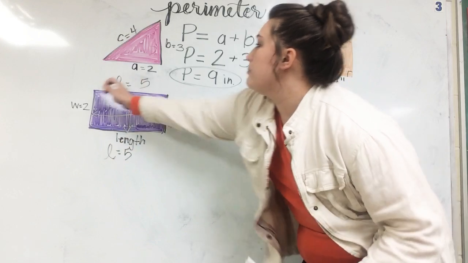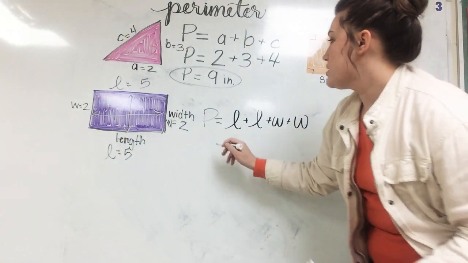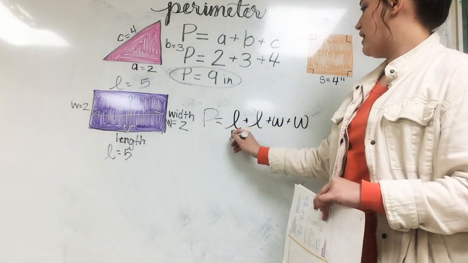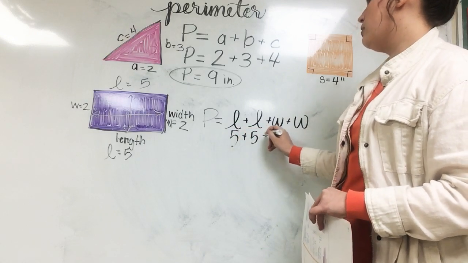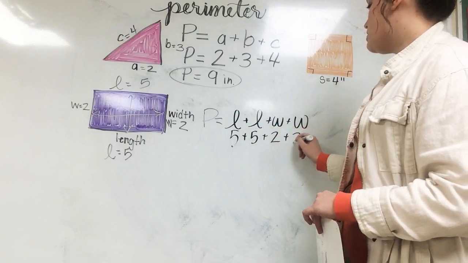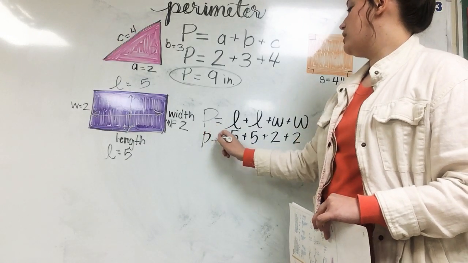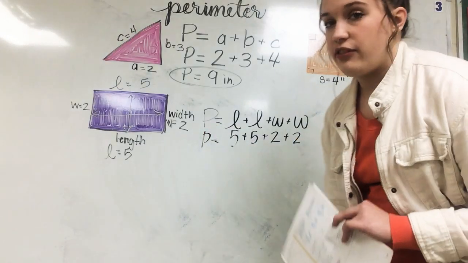So I'm just measuring the whole way around, okay? So this could be length is 5 plus 5 plus 2 plus 2, and then you just add it to find your perimeter.